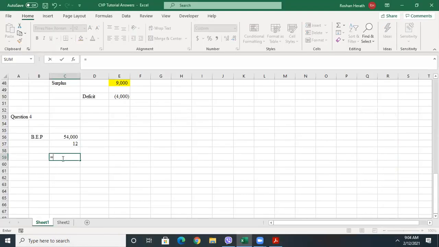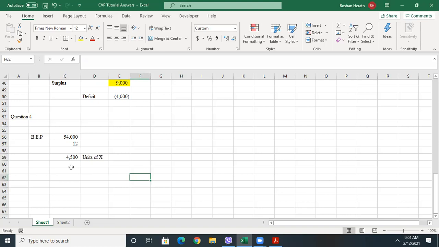So consequently, if you take 54,000 divided by 12, it's 4,500 units of X. If X is sold alone, in order to reach the break even, it takes 4,500 units. So this is for the A part 1.